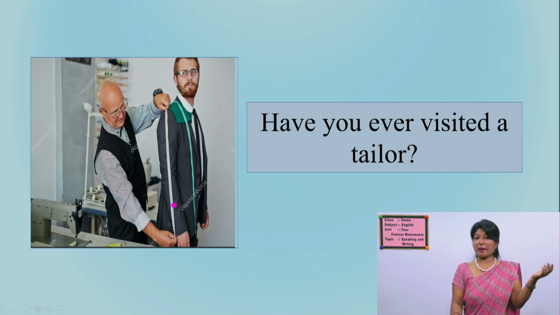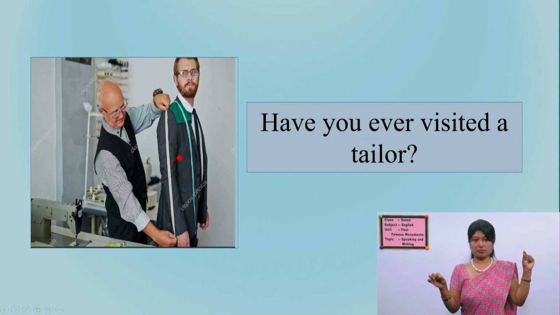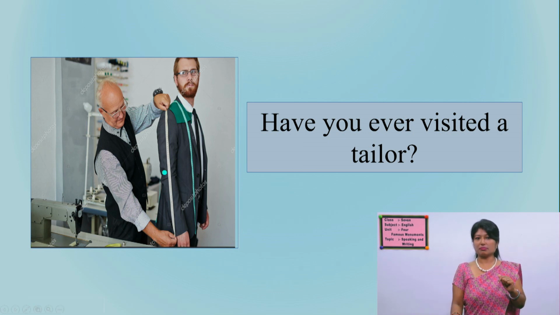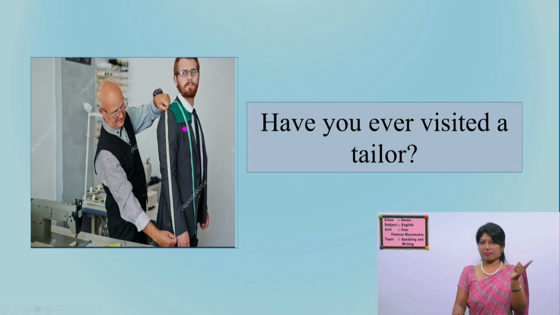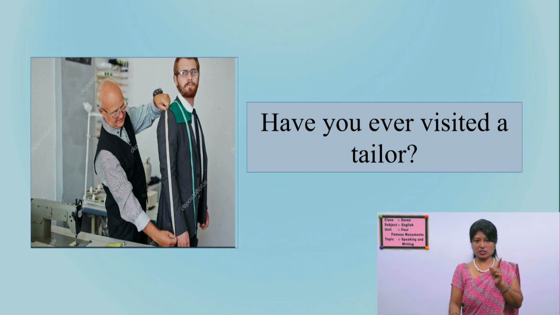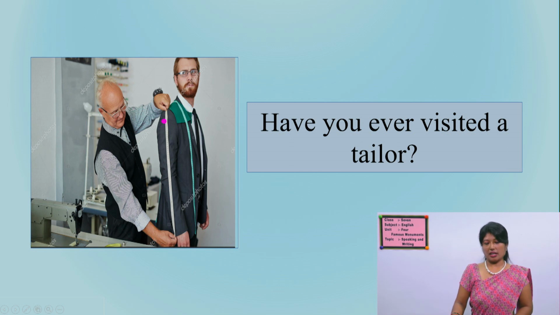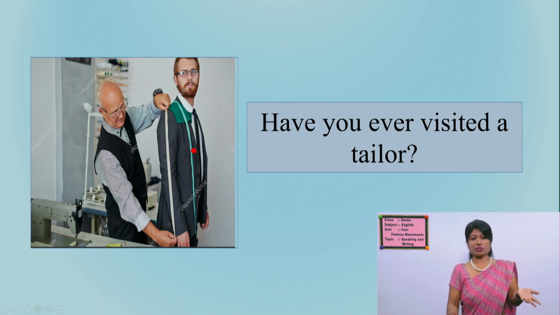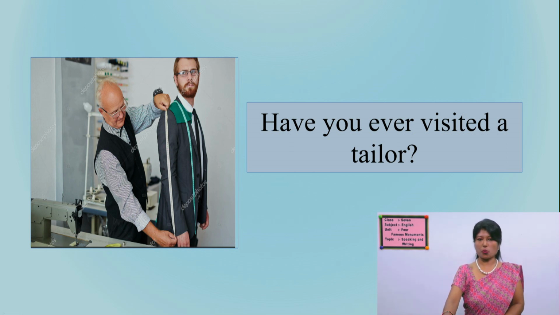He is measuring the length of the hand, like this, using the measuring tape that I showed in the picture before. For the sleeve, to cut the sleeve, the tailor measures the body of the person, maybe chest, waist, whatever he needs, length. So he measures using the measuring tape. Okay, now next, what is there? Let's see.